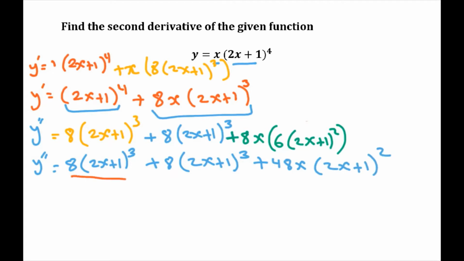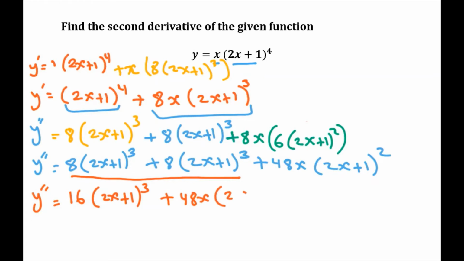Now these two can be added. 8 times the bracket plus 8 times the same bracket will be 16(2x plus 1) to the power of 3, and then plus 48x(2x plus 1) squared.